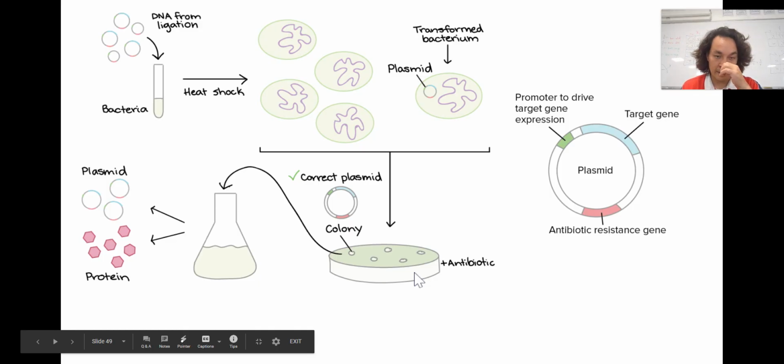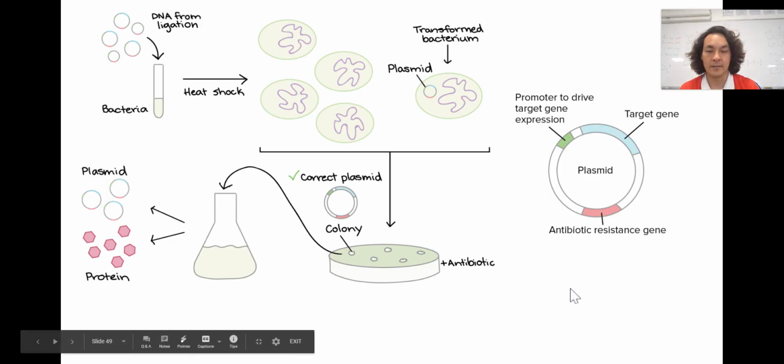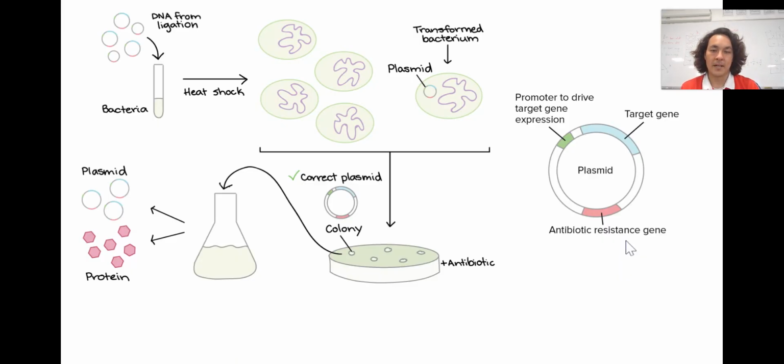And then you can grow it on another plate that might help to drive the target gene. So maybe it's arabinose, and that arabinose will make it have red fluorescence, and it'll glow red. And so it's a cool experiment, and it's very helpful because if we can do this, we could grow things like human insulin or human growth hormone via bacteria instead of taking them out of animals.